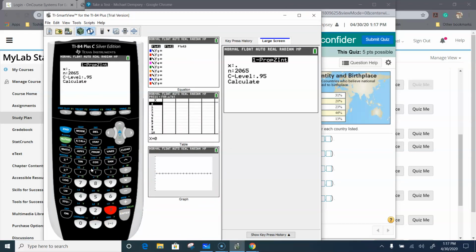So 0.31 times 1,020, and we'll have to round that to the nearest whole number. The calculator is not going to accept this. It has to be a whole number. You can't have 316.2 people that agree with that. So that would be 316.